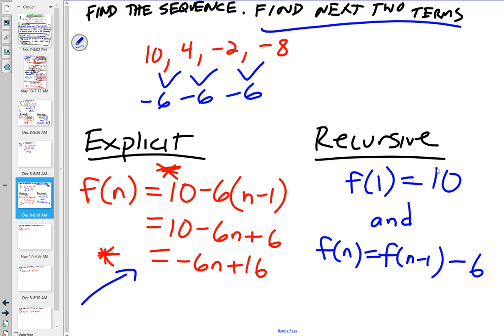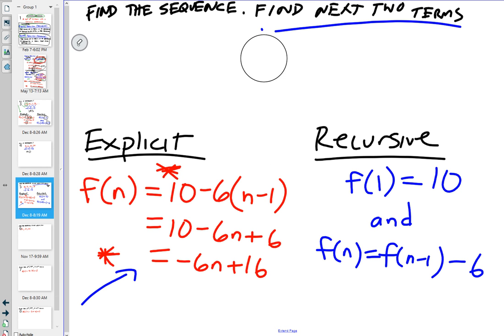If you think of this as being a language and you know how to read the language, I could get these numbers and erase them. And you would know by reading this recursive definition that it says, hey, Jordan, start at 10, and then every number after 10 will be the number that came before it minus 6.